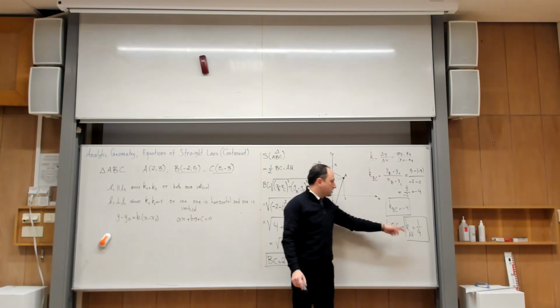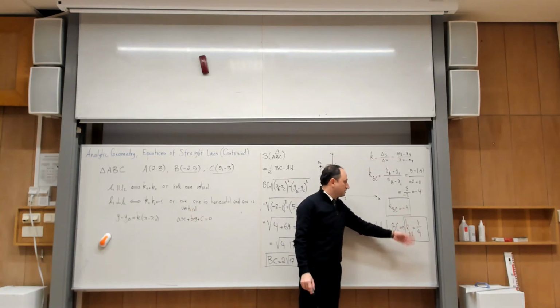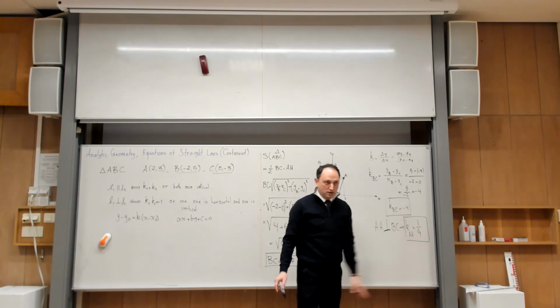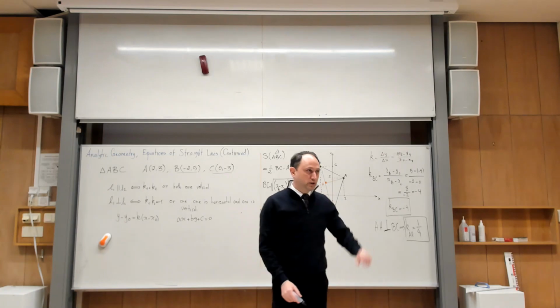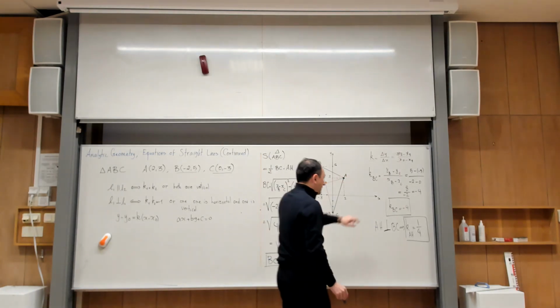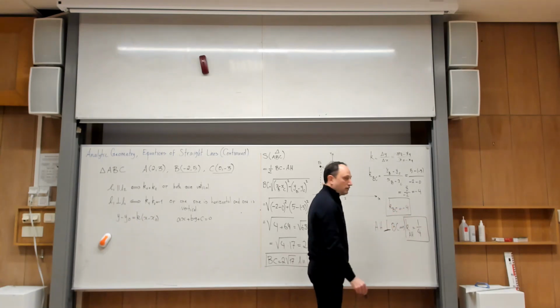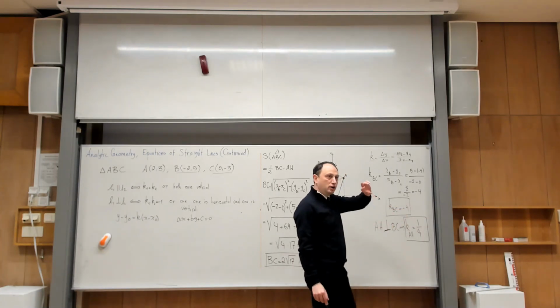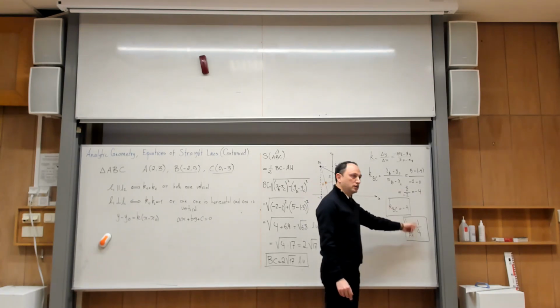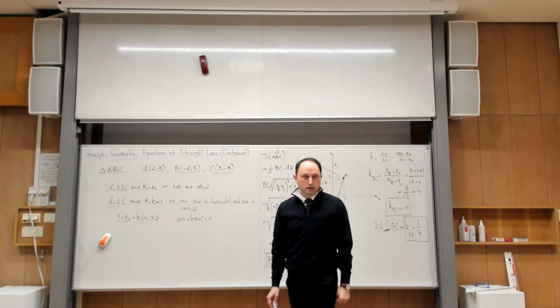I don't think you have a hard time understanding that it is 1 over 4. You remember the rule? Reciprocal multiplied by a negative sign. The reciprocal of minus 4 is 1 over minus 4, and then you multiply it by a negative sign, it becomes 1 over 4. Yes or no? Yes.